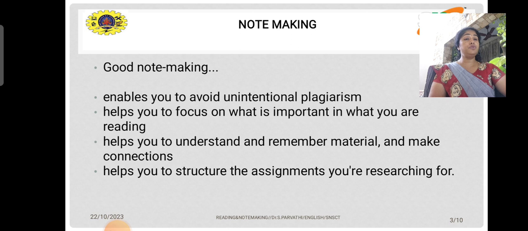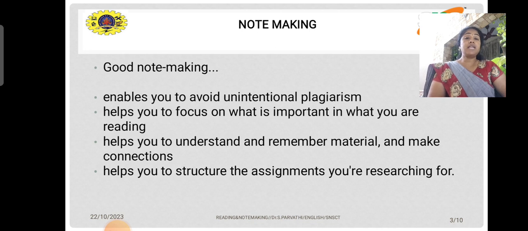So what you have to do, you have to keep on focusing on what you are reading, and you have to note down the important words, the important years, the important incidents, events, all those things you have to note down while reading, because you have no idea which is going to be asked in the question part, right? So be focused and note down all important parts in reading.